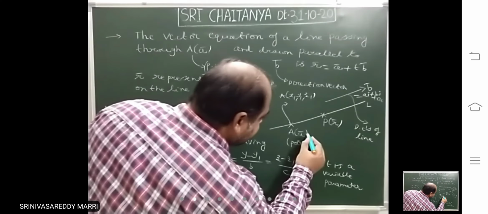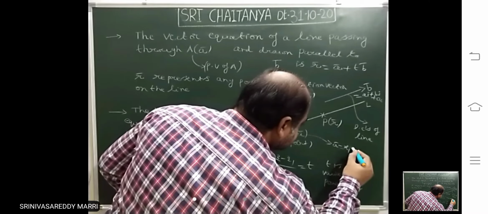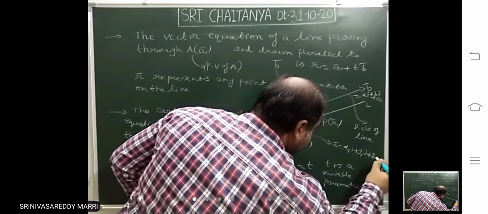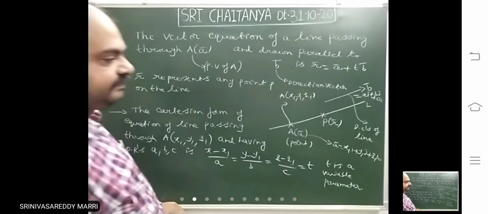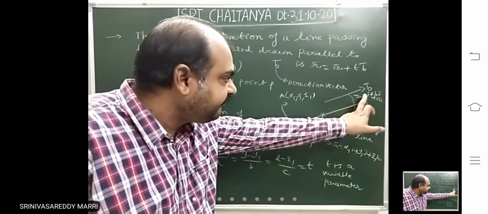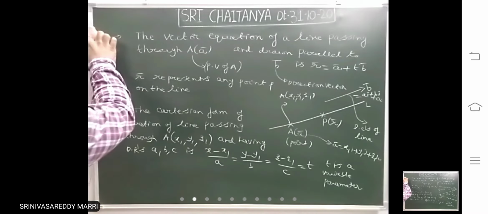That means this point A is given in Cartesian form as x1, y1, z1, so this A bar will be the vector x1 i plus y1 j plus z1 k. And the line is drawn in the direction of ai plus bj plus ck.